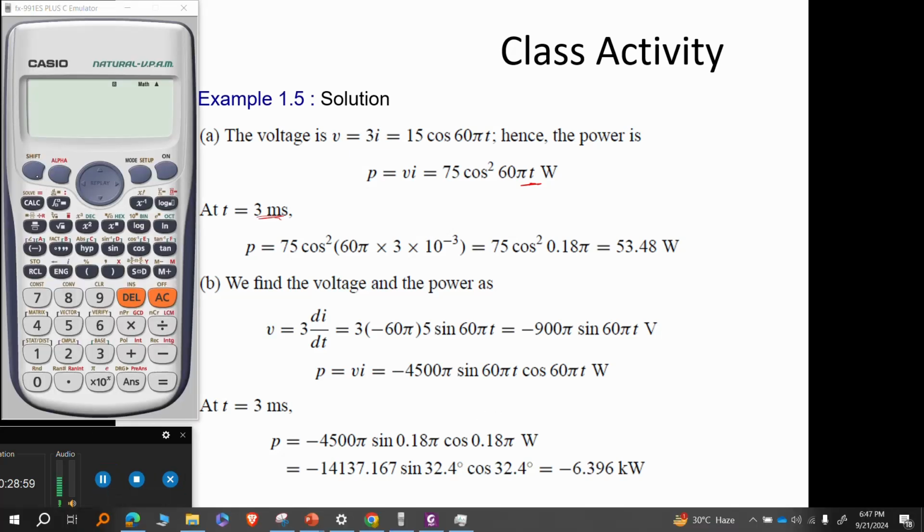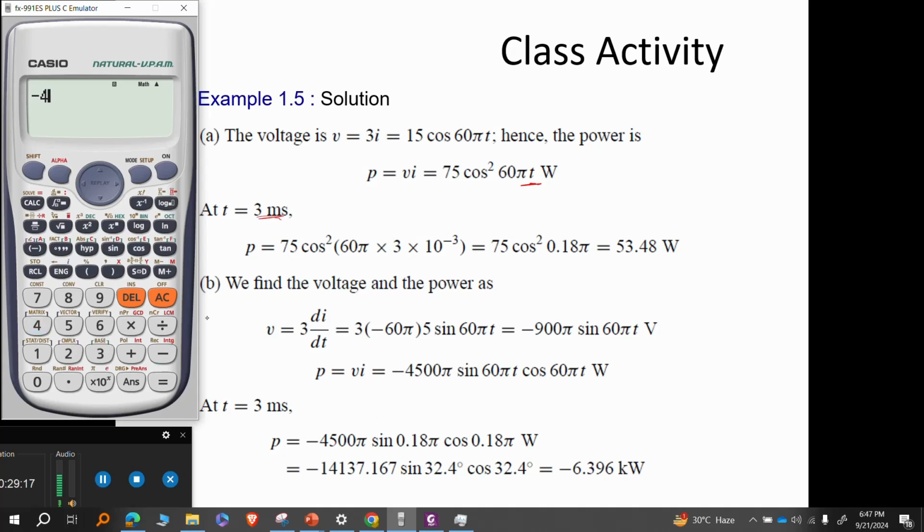So we have taken our calculator in radian. You can do this by pressing shift, then mode, and then taking it to 4. This puts the calculator in radian mode, where you can put the values of pi directly.